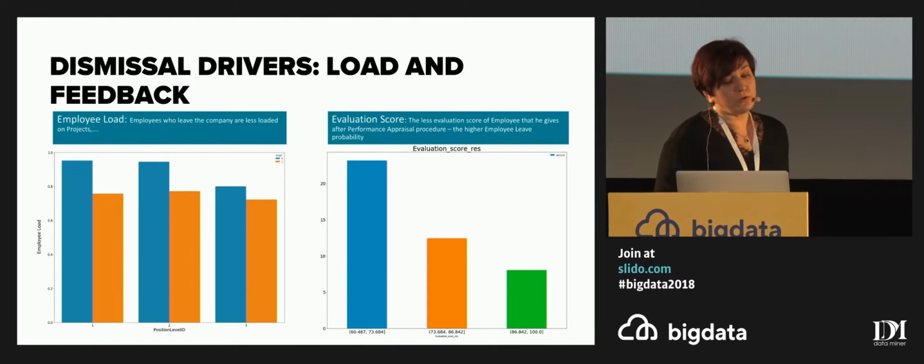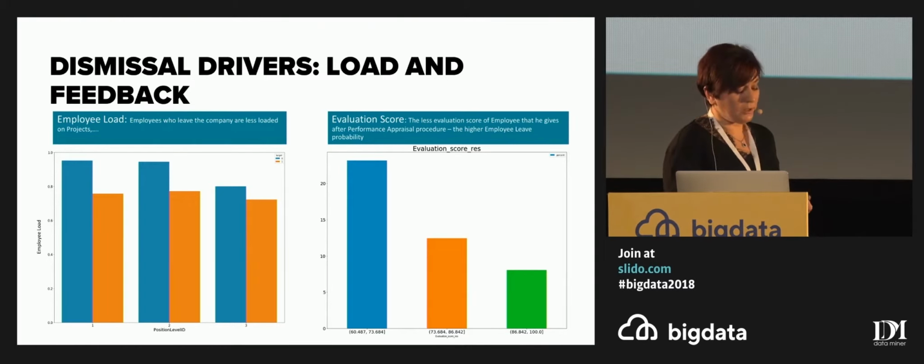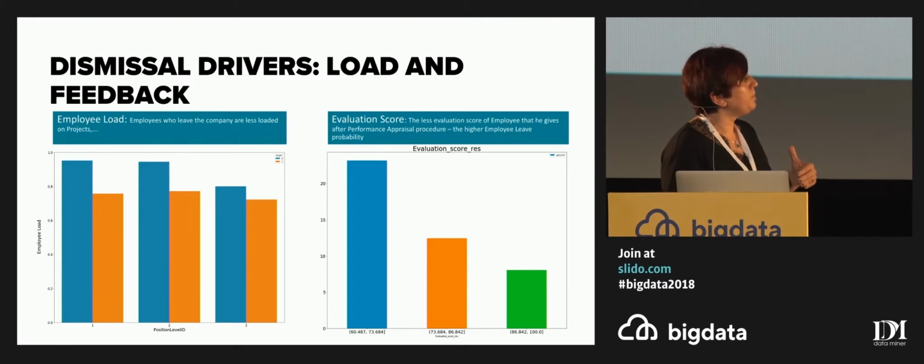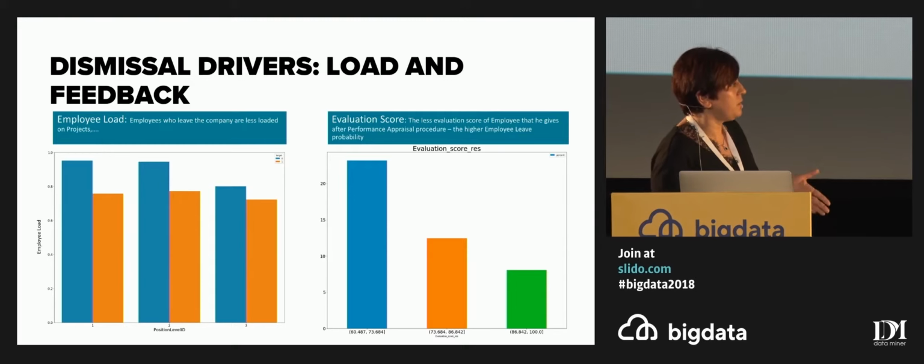Evaluation score is related to the feedback that an employee gets from managers or from colleagues. And it's an interesting fact that among employees who get a pretty high evaluation score, more than 86%, only less than 10% decided to leave the company.